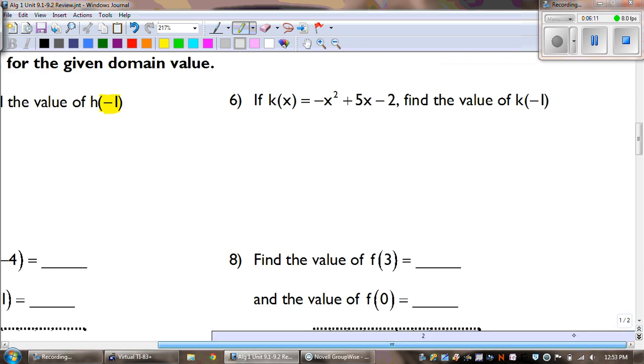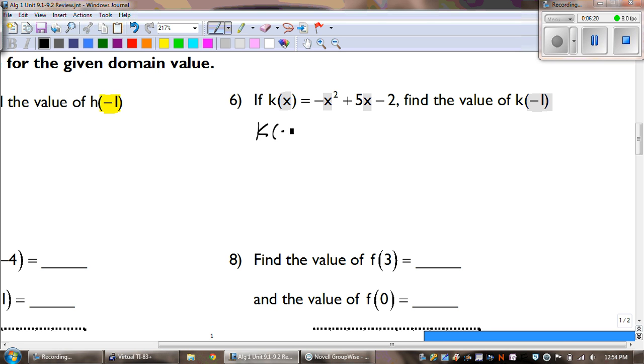Okay, number 6. Now number 6, we're going to do the same thing. You're going to plug in -1 into x. So k of -1, anywhere we see the x is where we're going to plug in -1.